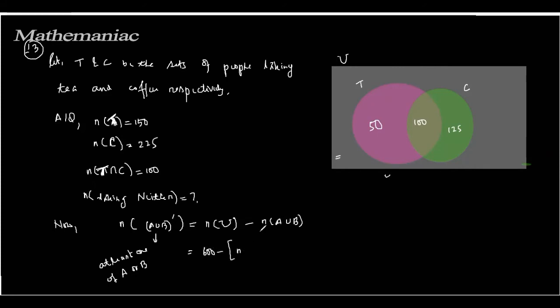Again, I made a mistake here: I by mistake wrote A and B. It should have been T and C. Anyway, let it be like this only. Then n of (T union C) complement will be equal to, directly you can write, 600 minus n of T union C, right?